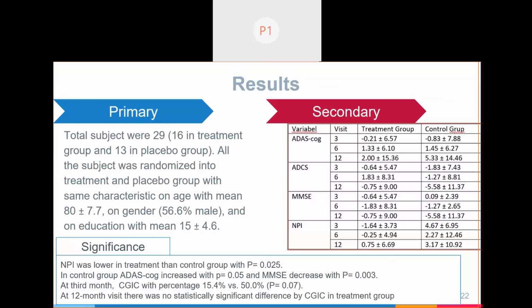At the third month, subjects in the treatment group performed worse than in the control group as measured by CGIC, with percentage 15.4% versus 50%. At the 12-month visit, there was no statistically significant difference by CGIC in the treatment group. Next.